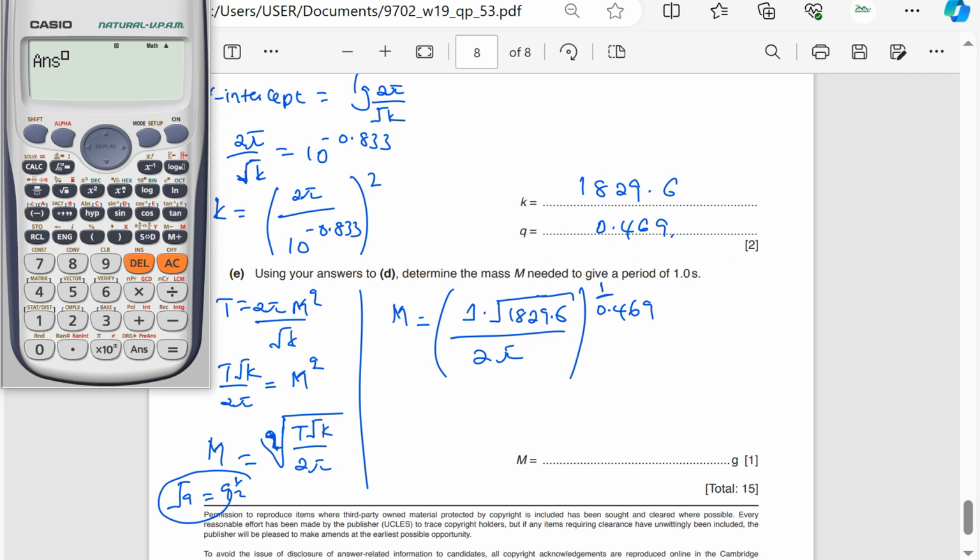I'm not good at using this calculator to find the nth root. Okay, I have to use shift then. So shift nth root. So this will be the root of 0.469, and in the brackets, I have the answer.